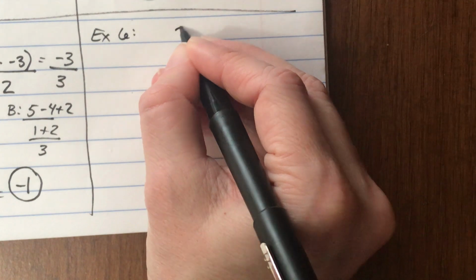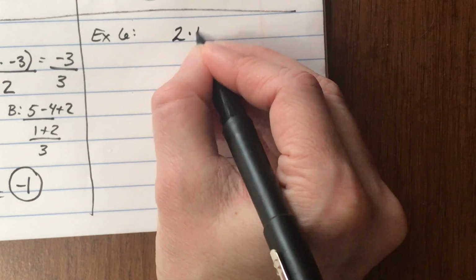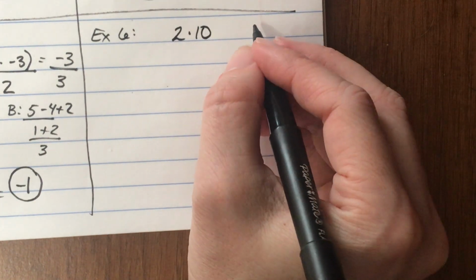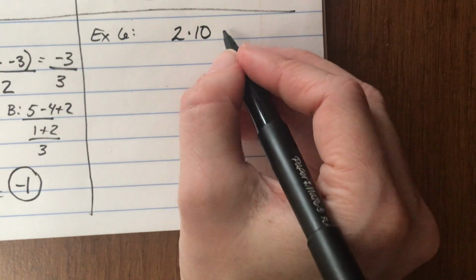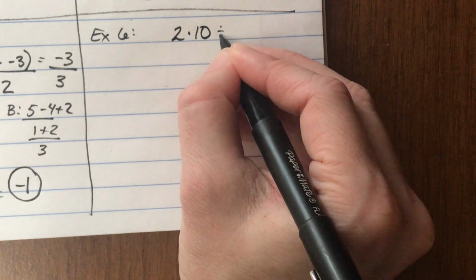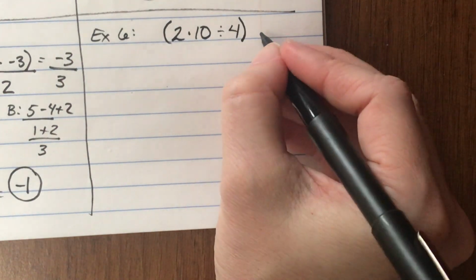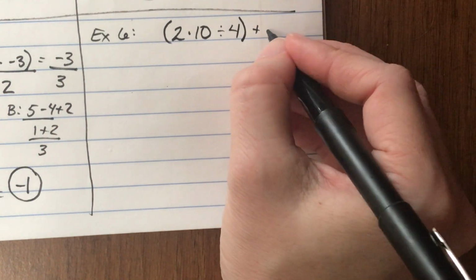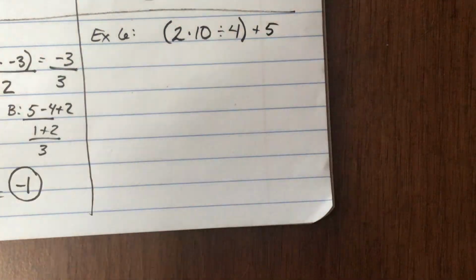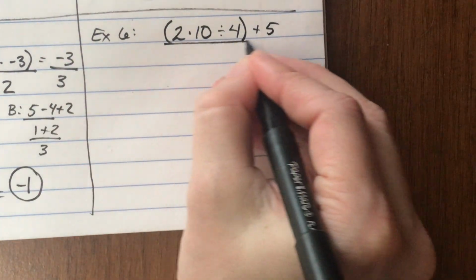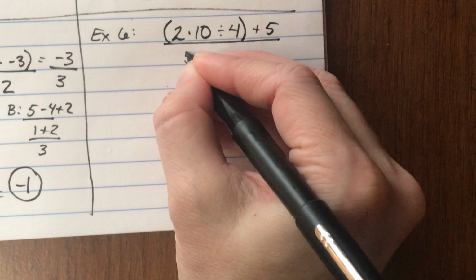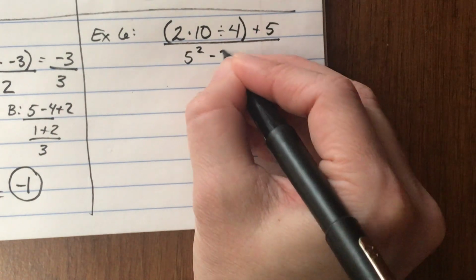On the top, we've got 2 times 10 divided by 4, in parentheses, plus 5. And then all over 5 squared minus 20.